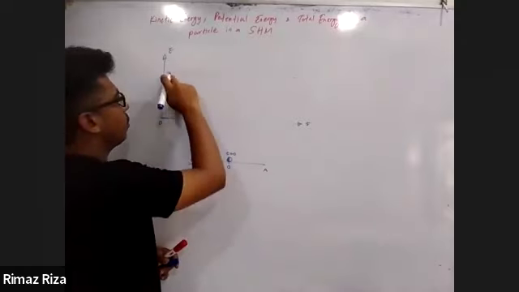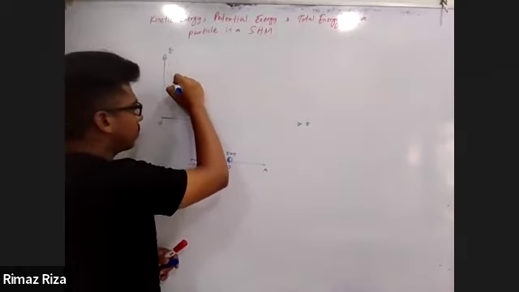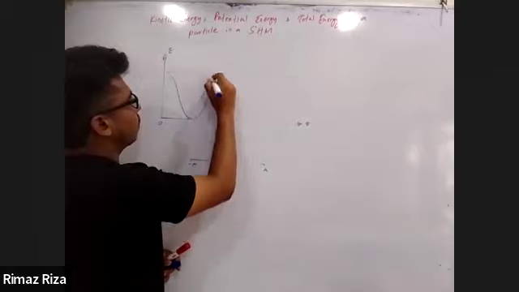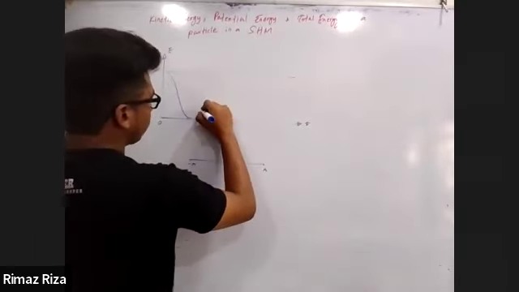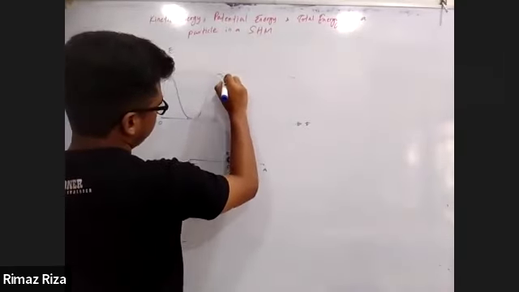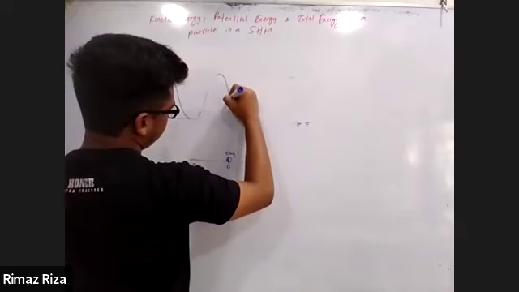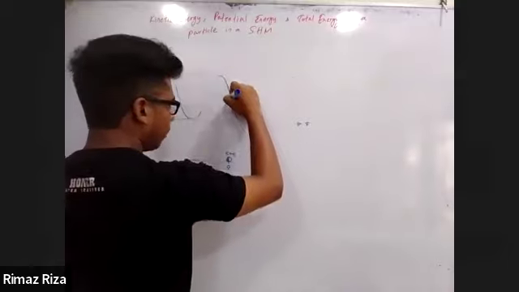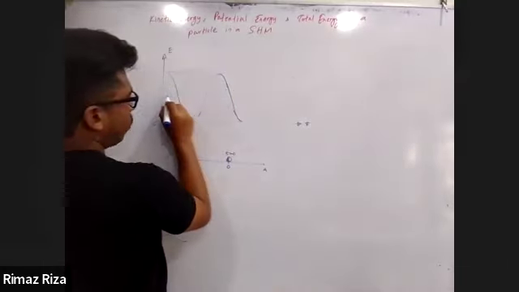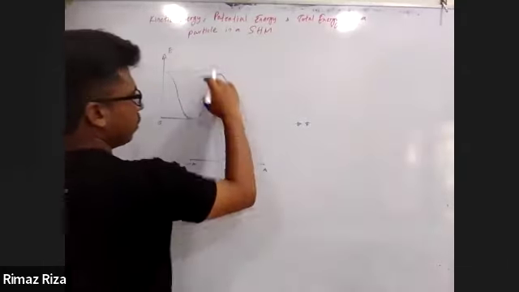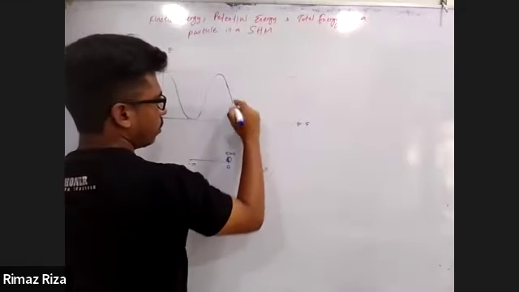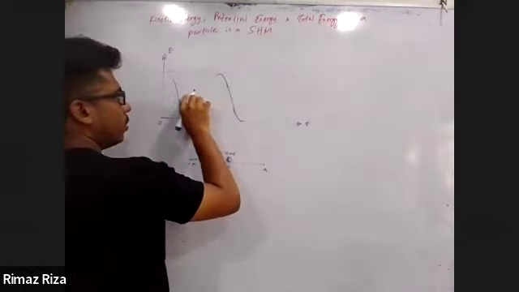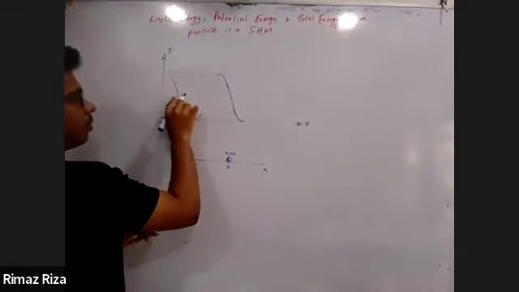Then again it will rise. So this is actually a sine graph. You draw the sine graph from here, up and down. So this is not actually the sine graph, it is the square of a sine graph.